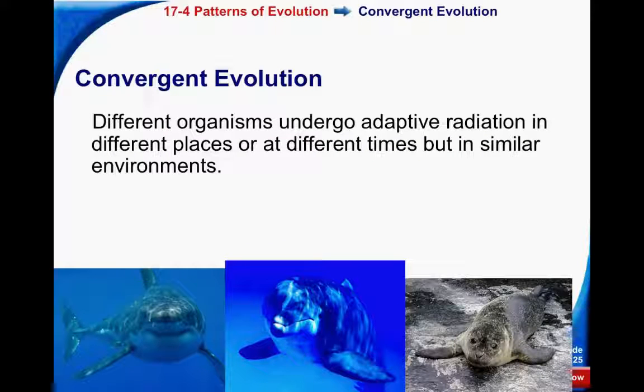But how do you explain some of the things on our planet today that have similar body forms, but are completely unrelated? When you look at certain body forms of fish and unrelated mammals, like what I'm showing here with the great white and the porpoise and even our little friend the seal down here, they've got similar body forms, but they're not swapping DNA by having sex. So what's going on? They're adapting to their environment in similar ways.